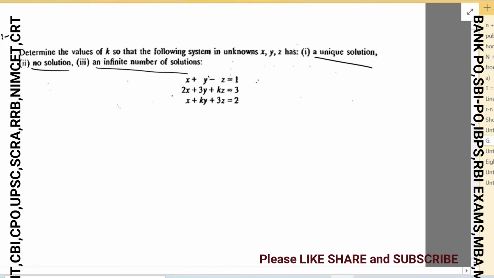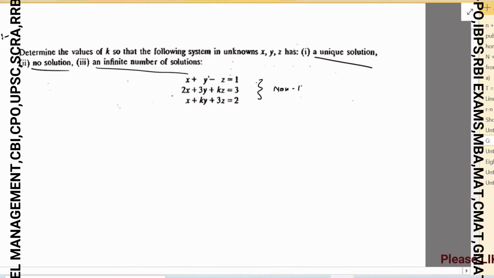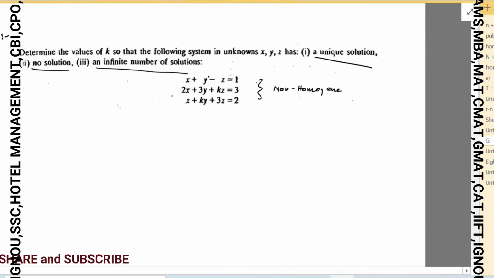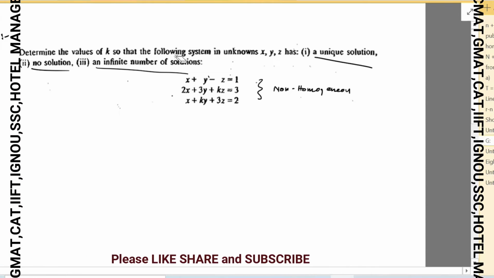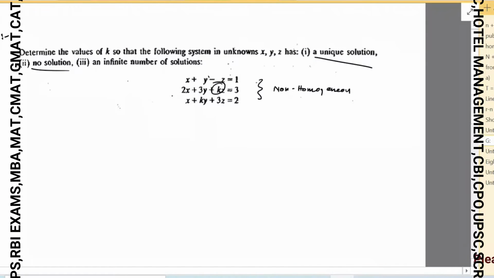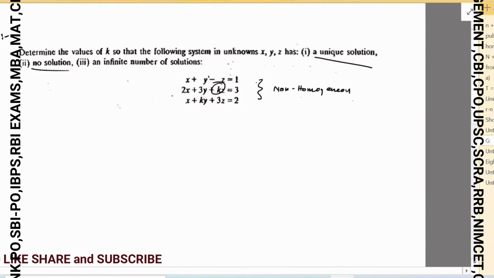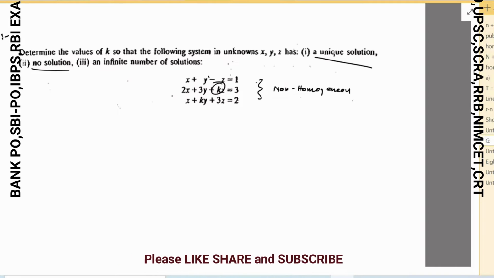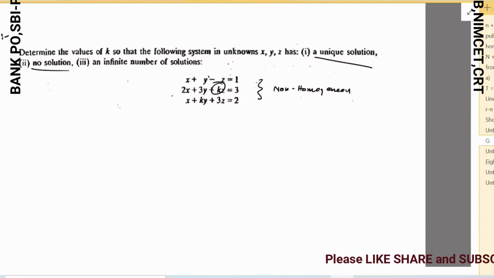So that is a non-homogeneous system. The question is to find the value of k so that the system has a unique solution, no solution, and an infinite number of solutions. So how will you find the value of k?